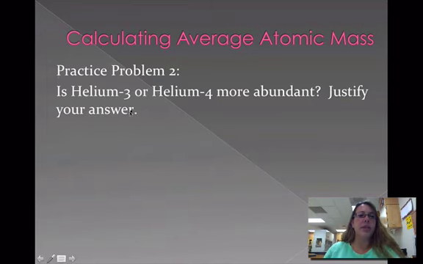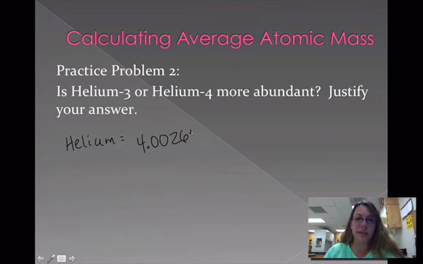Our next question says, is helium-3 or helium-4 more abundant, and you want to justify your answer? This one we don't really have to do any math. All we're going to look at is the average atomic mass that's given on the periodic table. Helium has an average atomic mass of 4.002602. I need to look, is that closer to 3 or is that closer to 4? Well, it is much, much closer to 4 than it is to 3.